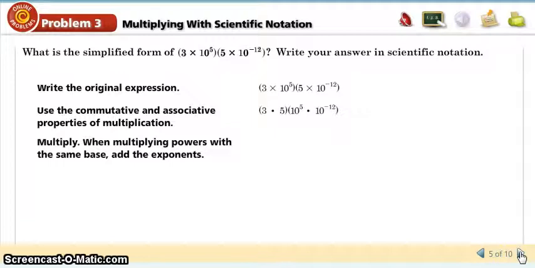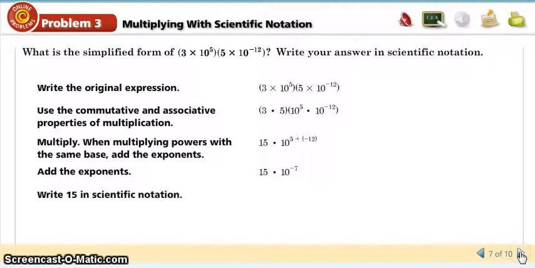When multiplying powers with the same base, add the exponents. Add the exponents. Write 15 in scientific notation.